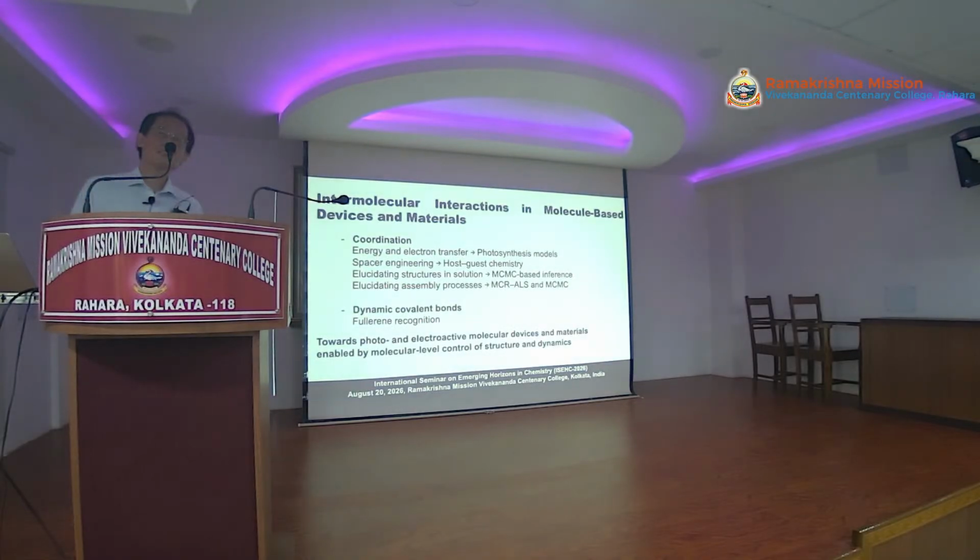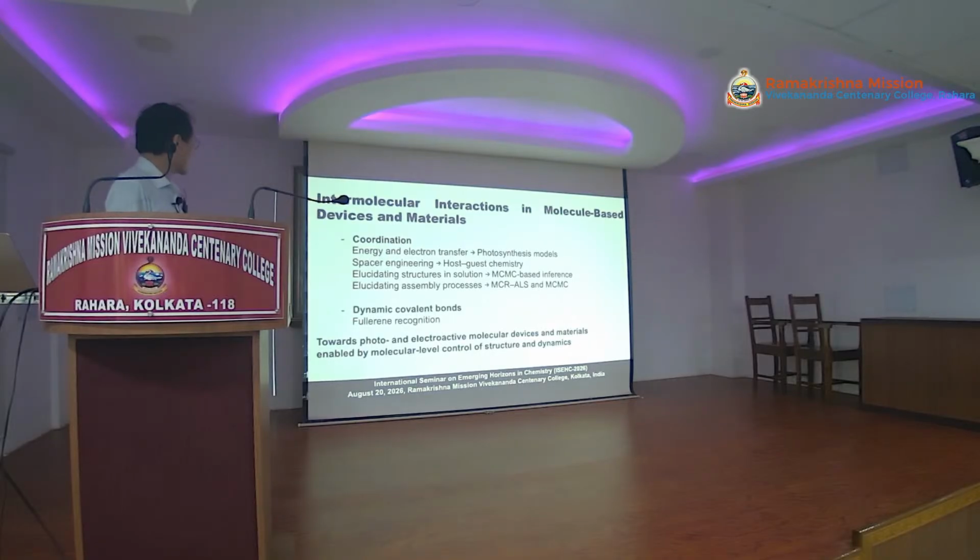These are porphyrin assemblies we have worked on for some time, and the conclusion is that we have used coordination interactions, and we have briefly mentioned dynamic covalent bonds as strategies to assemble porphyrins.